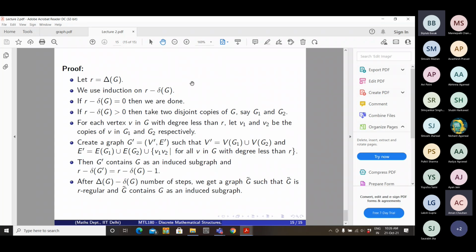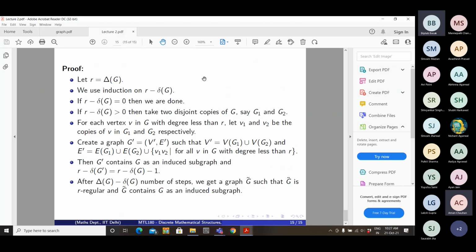For the induced subgraph, I just missed one point. Induced subgraph has one extra property: it is induced on vertices. For example, suppose G is just two edges with one common vertex, a path with three vertices.